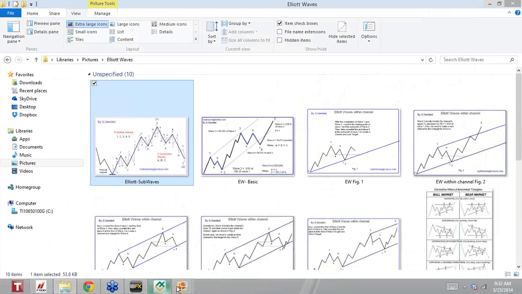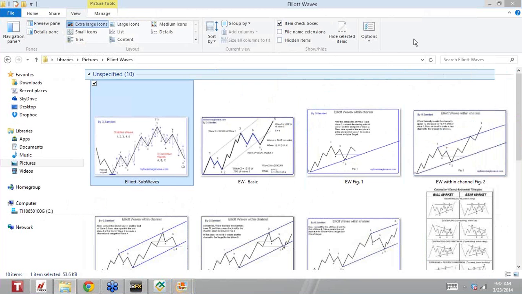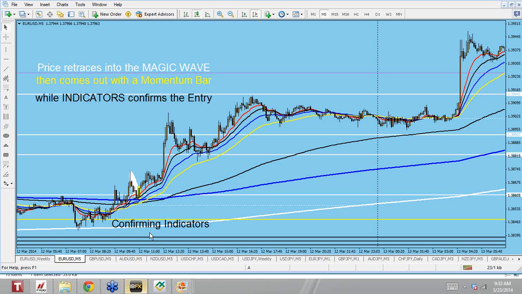So this is how I do it and how I teach in the webinars, and you just saw all those recent entries. This is how the setup is, and at the bottom you have MagicWave indicators confirming that yes, this is the candle, this is the setup to take. The first one also was a setup.